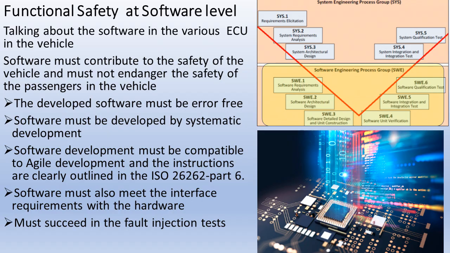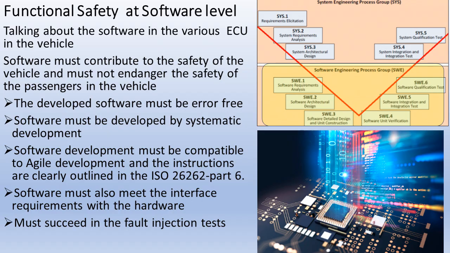As the vehicle is becoming more and more software defined and software dependent, more and more software is present in the vehicle. As you all know, the amount of software present in a modern autonomous vehicle is more than the software present in a Boeing 747. So you can have a rough estimate of the magnitude of software present in a modern vehicle.